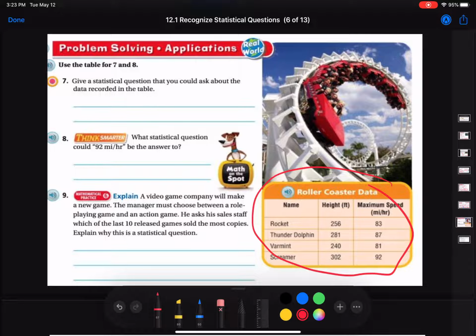Sorry, not height requirements. I just saw height and automatically I started thinking how tall you have to be in order to ride it. But no, it's not talking about that. Okay, so you could say something like, which roller coaster reaches the greatest height? Or which roller coaster reaches the greatest speed?